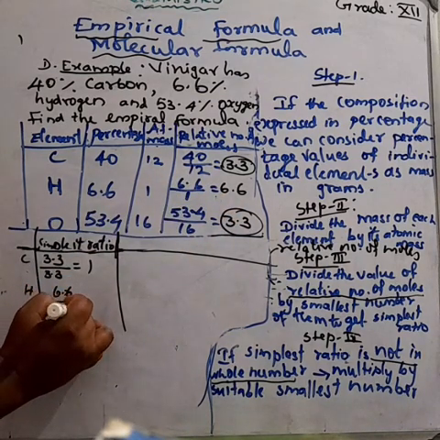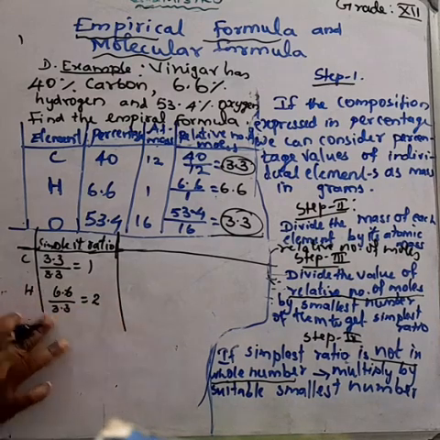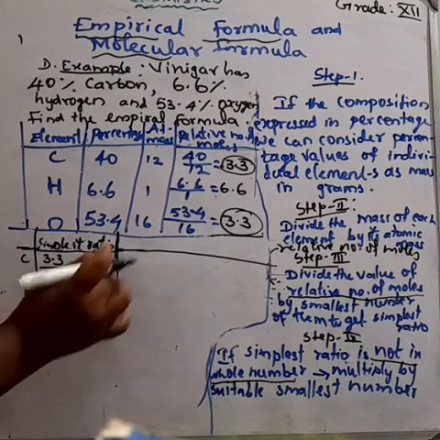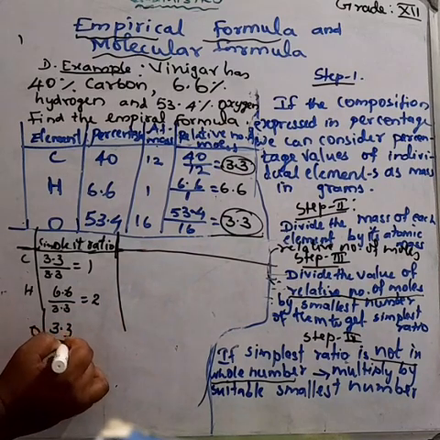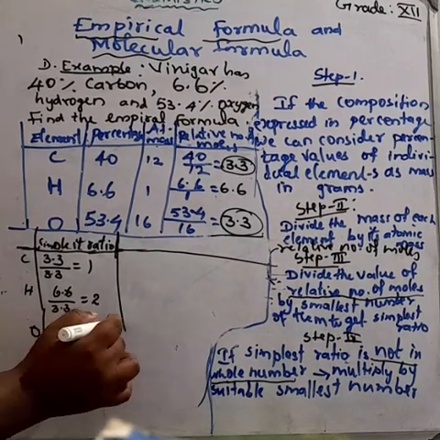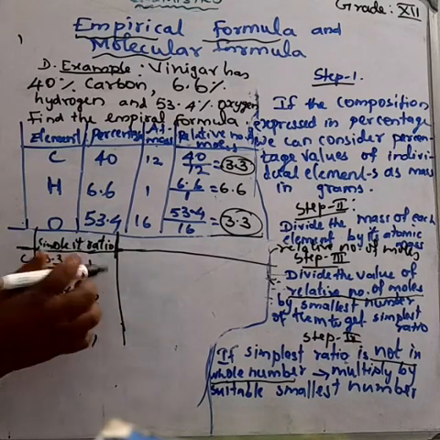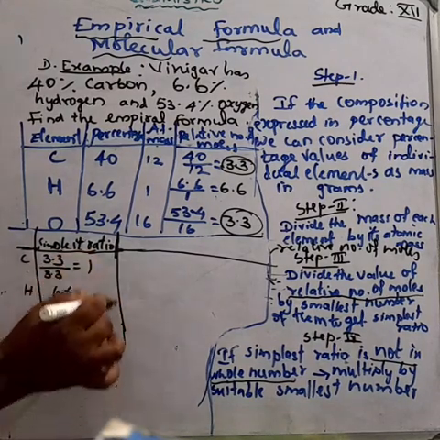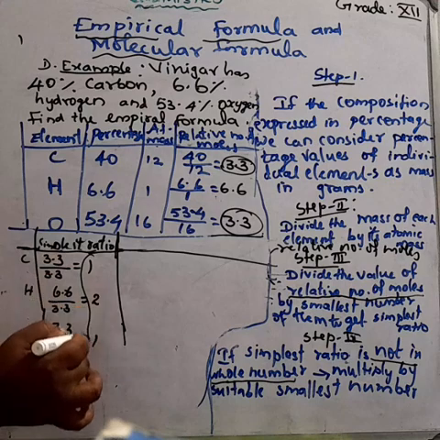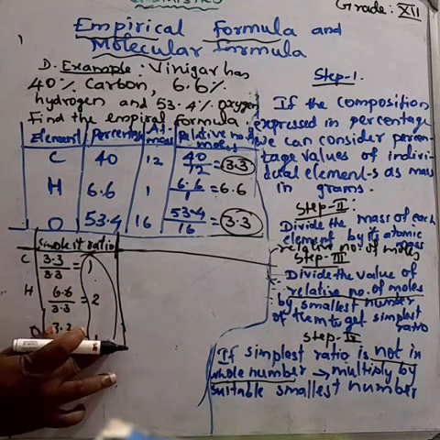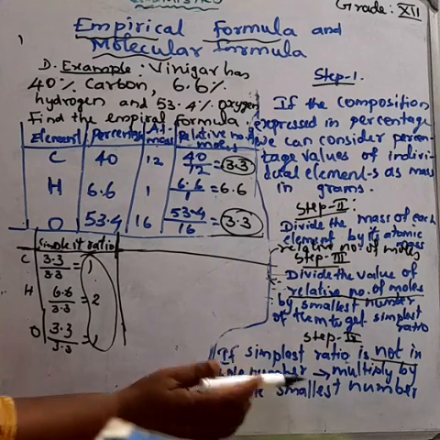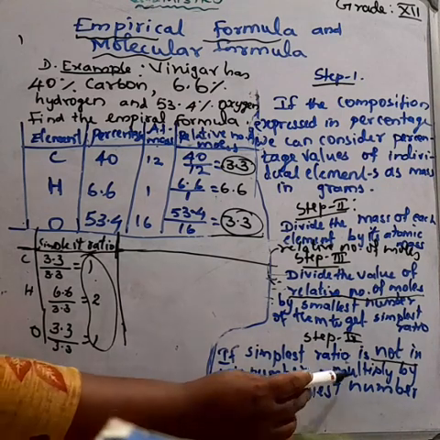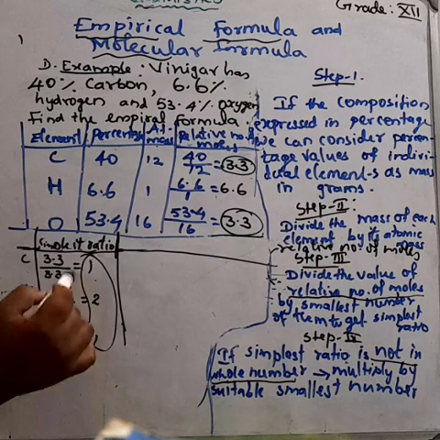Oxygen 3.3 divided by 3.3, we get 1. Okay, you see these three values are whole numbers. No need to multiply, no need to convert the simplest ratio. Already it is in whole number.